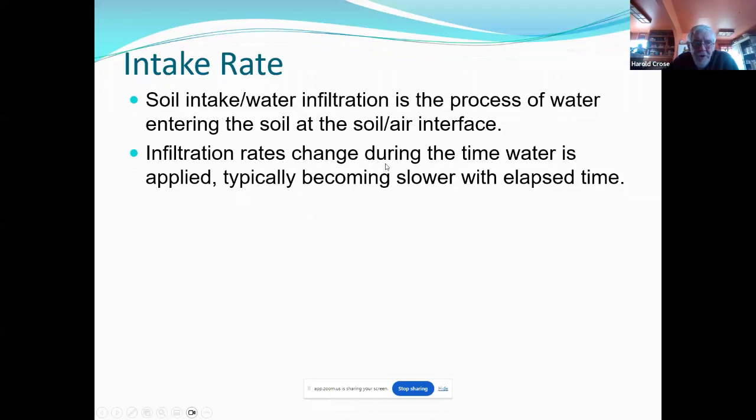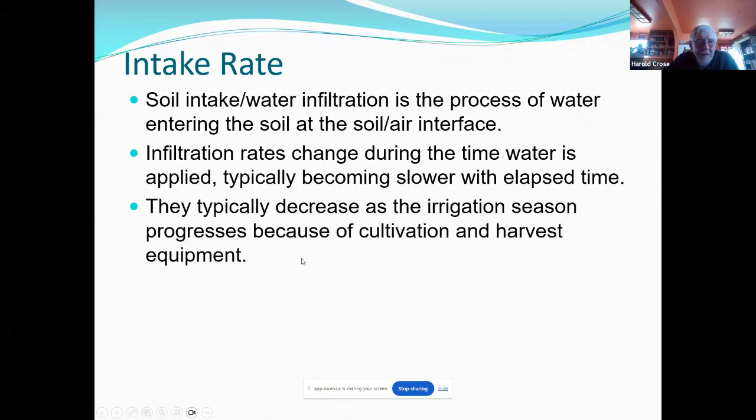Infiltration rates change during the time the water is applied, typically becoming slower with elapsed time. They typically decrease as the irrigation season progresses because of cultivation and harvest equipment. The other thing you're going to want to talk to a grower about, as part of your irrigation water management planning, is what type of tillage operations they use for their crop.